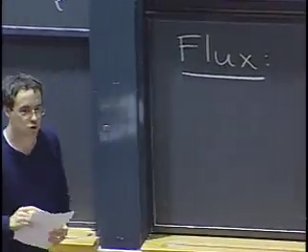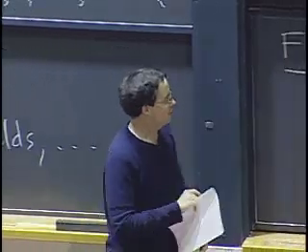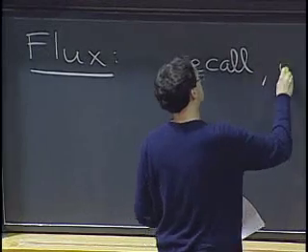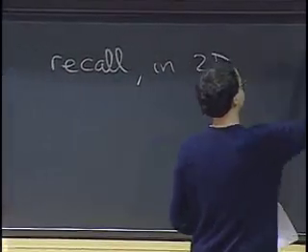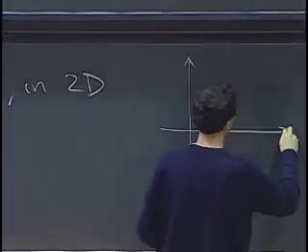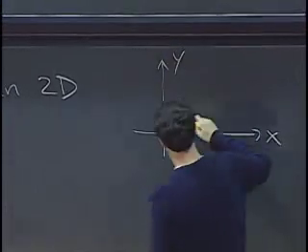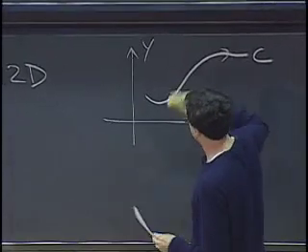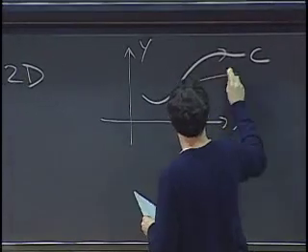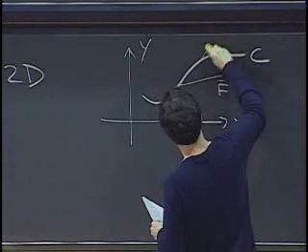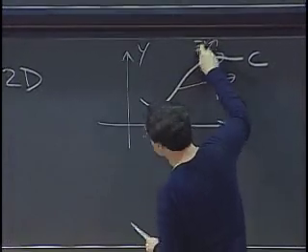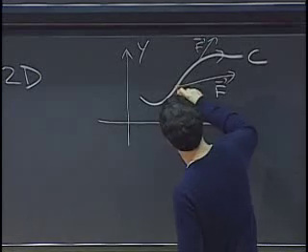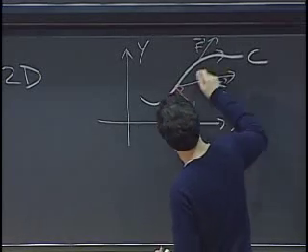So remember, not so long ago, we've looked at flux of a two-dimensional vector field through a curve. So we had a curve in the plane, and we had a vector field, and we looked at the component of a vector field in the direction that was normal to the curve.